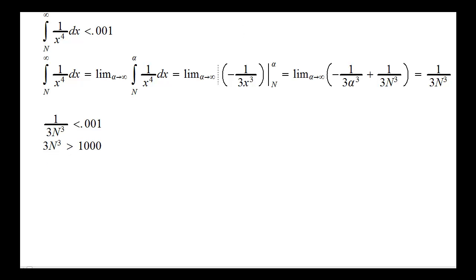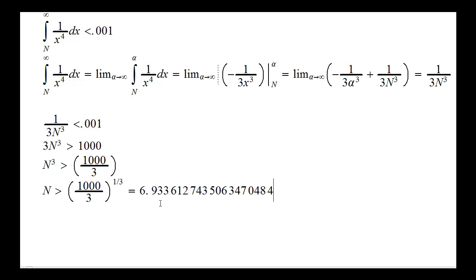Which means that n cubed has to be greater than 1000 over 3, and which means n has to be greater than the cube root of this quantity. Here we had a good situation where we could really solve an inequality.